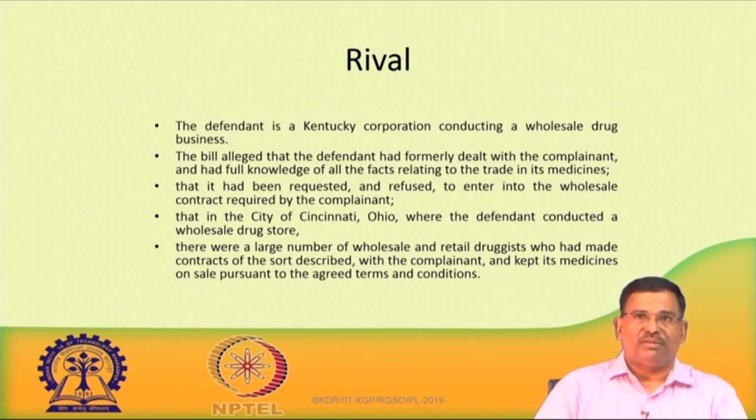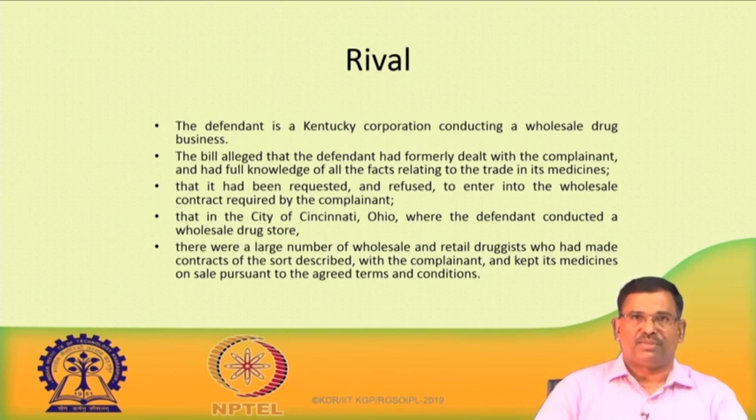Here, the defendant, a Kentucky Corporation in the wholesale drug business, earlier dealt with the complainant, they have full knowledge of the terms and conditions, and they trade in medicines. So, this argument also is not going to be sustainable.